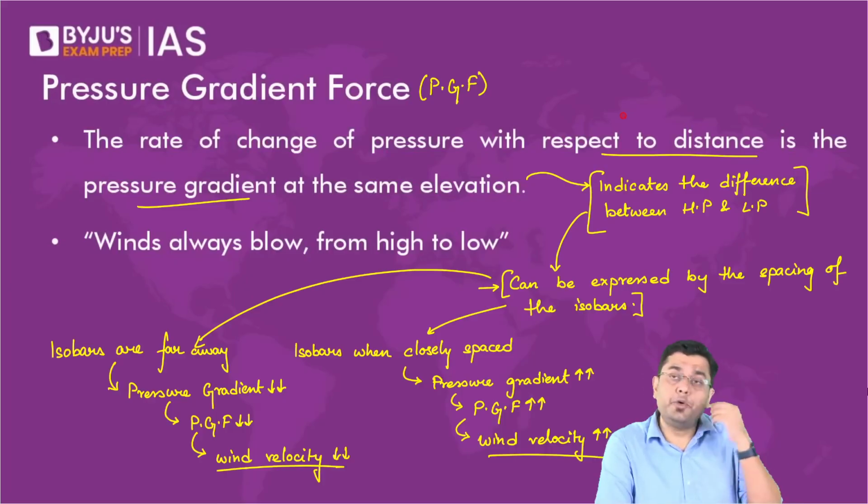If tomorrow you decide to go to the Siachen Glacier, first of all, you cannot. But secondly, your body will not allow you to do so. You will end up dying if somehow someone drops you on top of Siachen Glacier tonight. Maybe you will die within the next 12 hours. That is because the body is not used to it. So that is where you need acclimatization to handle that low pressure condition.